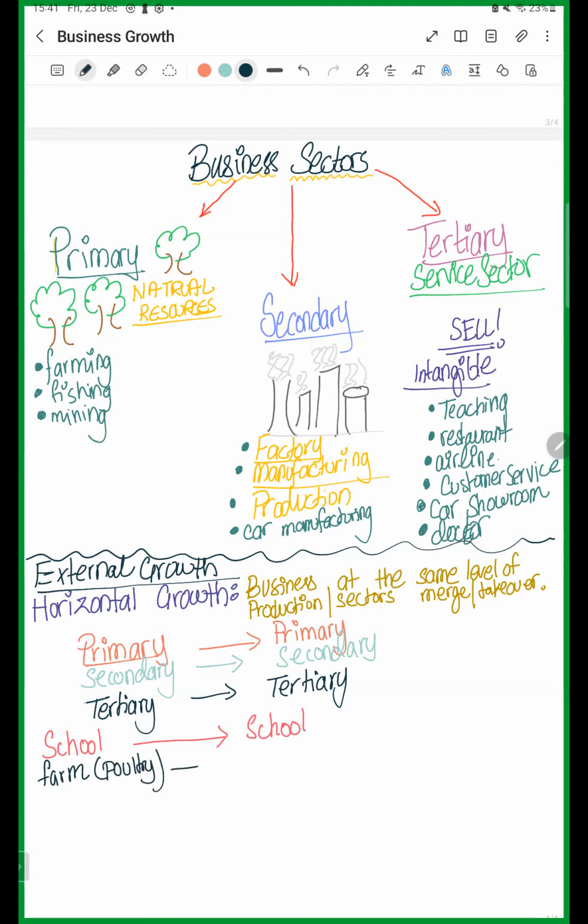It has decided to join hands with another farm that was near the town. So they also joined together. This is horizontal growth. What happens? Businesses at the same level of production, the same sector, primary to primary, secondary to secondary, tertiary to tertiary. Do you get it? Yes, miss.